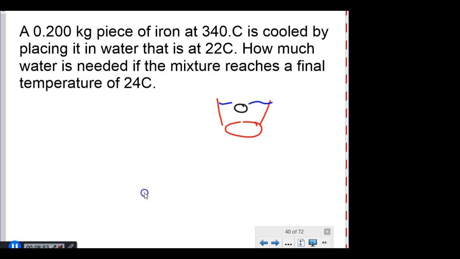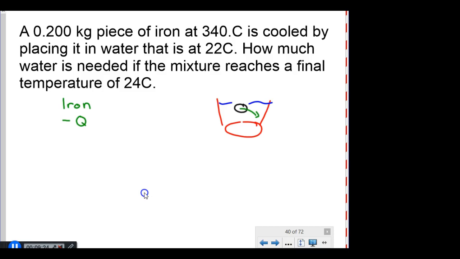What is the heat transfer process going on in the bucket of water? The iron is, I guess the water is absorbing. Yes. So the heat is going from the piece of iron to the water. So is the iron gaining or losing heat? It's losing heat. That means that iron is going to have a negative Q value, right?